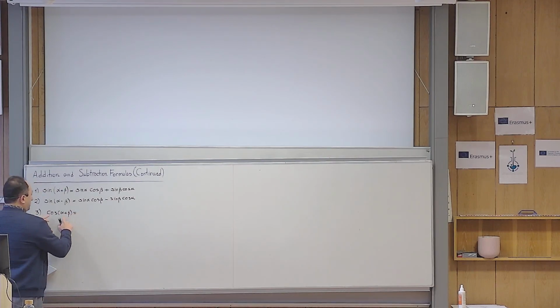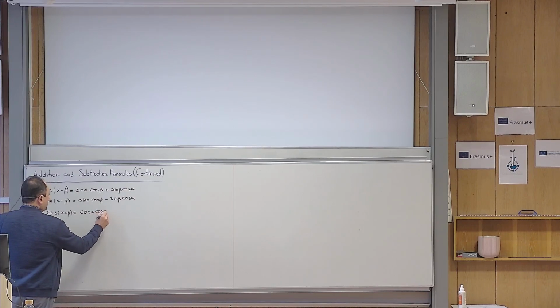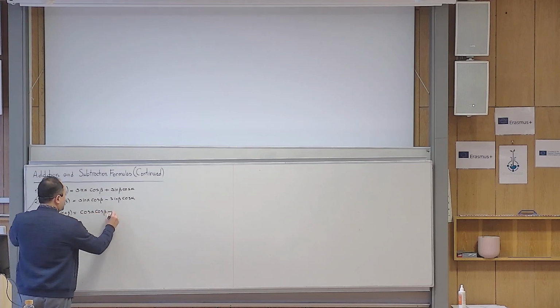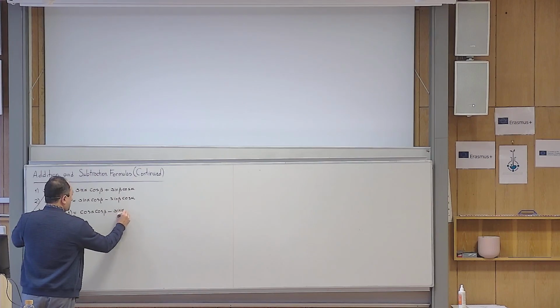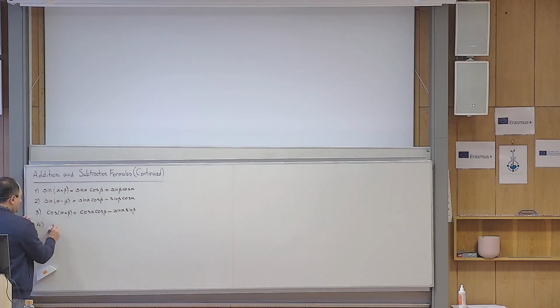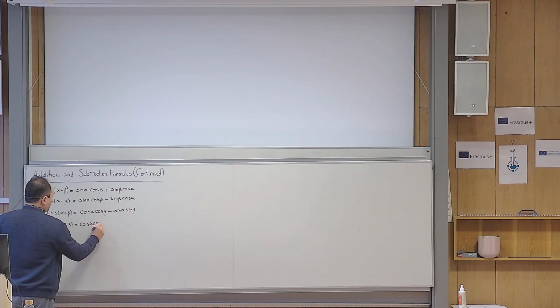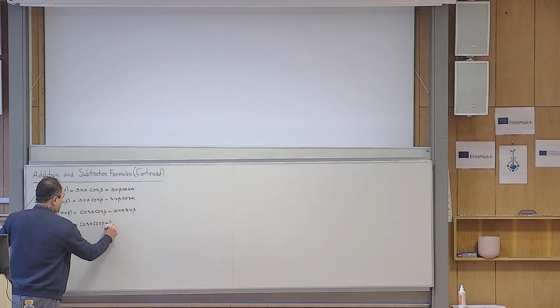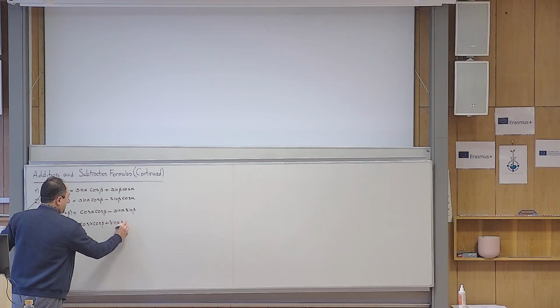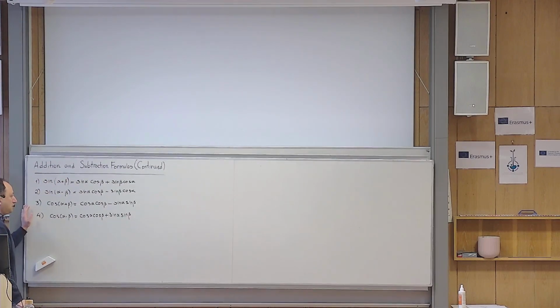Here I have cosine of the first one times cosine of the second one, and if it is addition, we have subtraction, sine of the first one, sine of the second one. And finally, we had 4, cosine of alpha minus beta, which is cosine alpha, cosine beta, plus sine alpha, sine beta. So these are the formulas that we learned last time, and we solved very simple examples related to this.